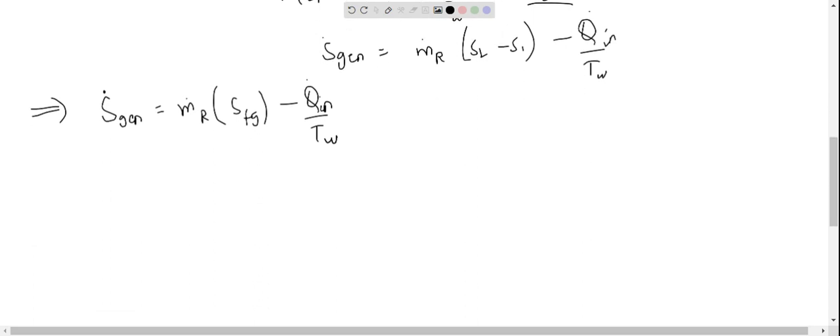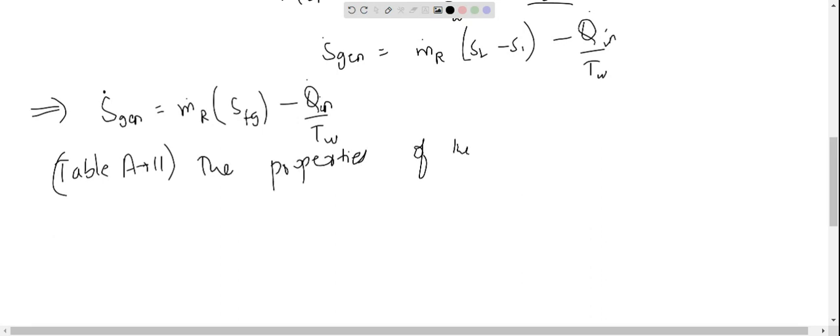Now we take the values from table A-11, the properties of the refrigerant.